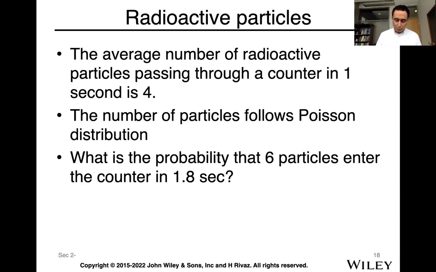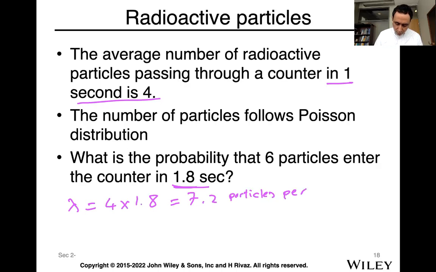So the first thing we have to do is calculate lambda for this length. The average number of particles in 1 second is 4. That means that lambda is equal to 4 times 1.8, so that's 7.2 particles per 1.8 seconds.